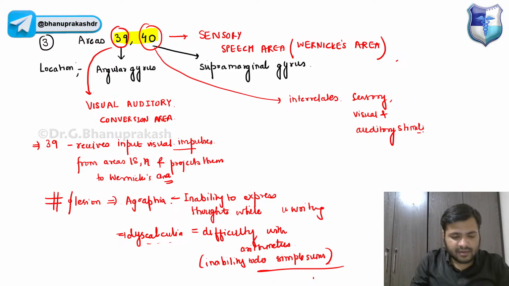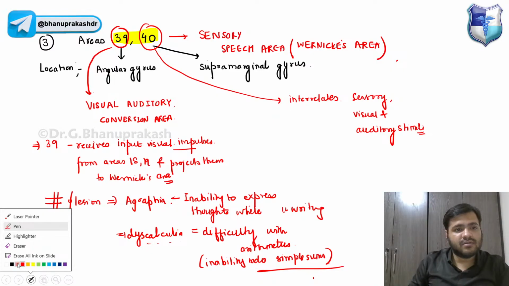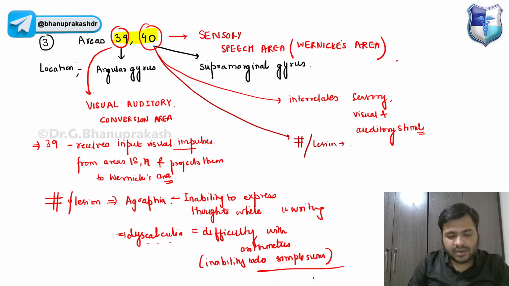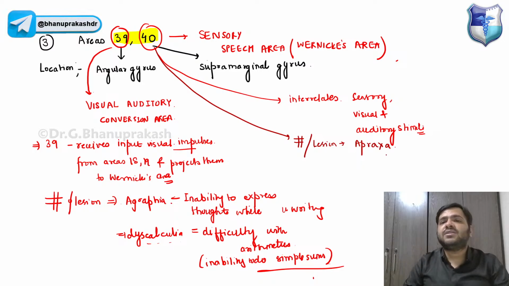Now, injury to this will lead to one condition, guys. Remember, if there is any injury or lesion over here, it will lead to apraxia. Now, what is this apraxia, guys? Apraxia is basically inability to perform any purposeful movement.